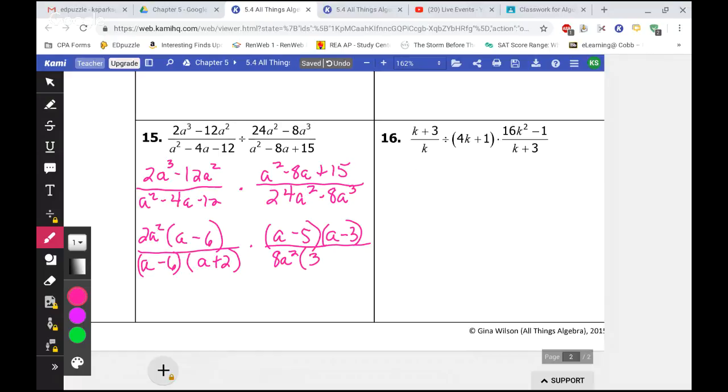And that's going to give me 3 minus a. So a minus 6 cancels with a minus 6. And a 3 minus a cancels with a minus 3 to give me a negative 1.